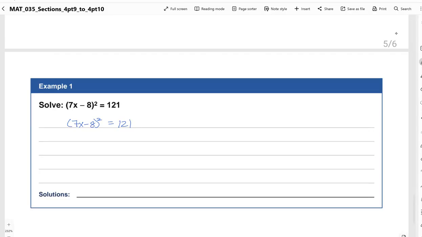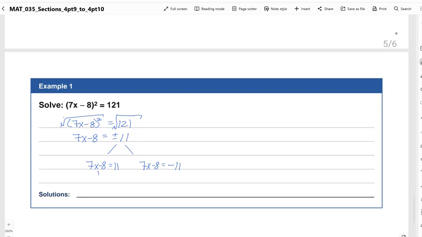So when I take the square root of 7x minus 8, the square root and that square are going to cancel out, leaving us with 7x minus 8. And the square root of 121 is plus or minus 11. So we really have two problems to solve here. We're going to have 7x minus 8 is equal to positive 11, or 7x minus 8 is equal to negative 11.